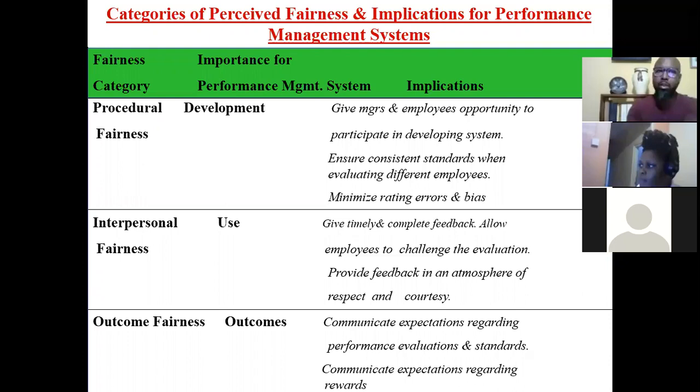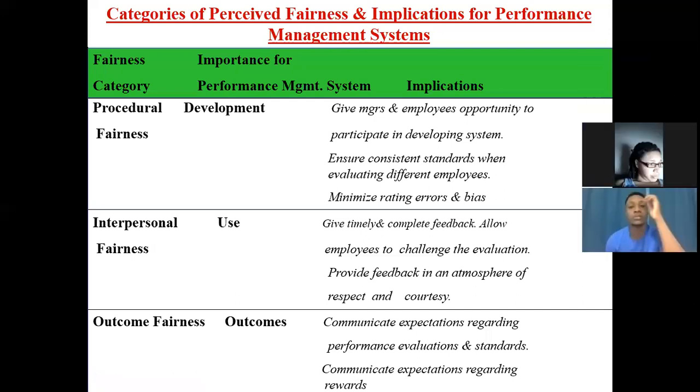It might not be monetary rewards, it might be psychological rewards, like the recognition system that you see in an organization where somebody is employee of the month or employee of the quarter. That's a form of recognition.